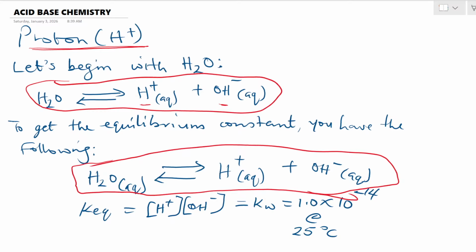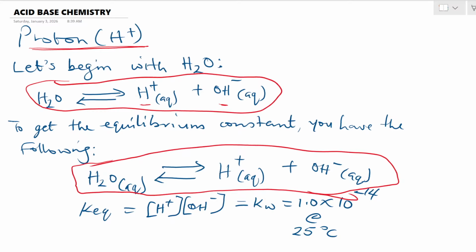So in any and every aqueous solution, we always have the hydrogen ion concentration increasing and the hydroxide ion concentration decreasing, and the product of both is equal to 1.0 times 10 raised to the power minus 14.